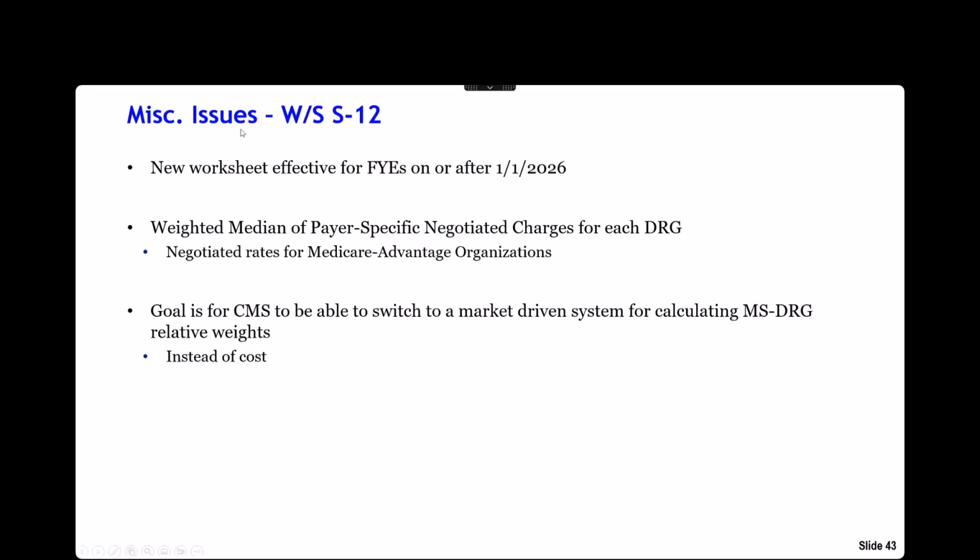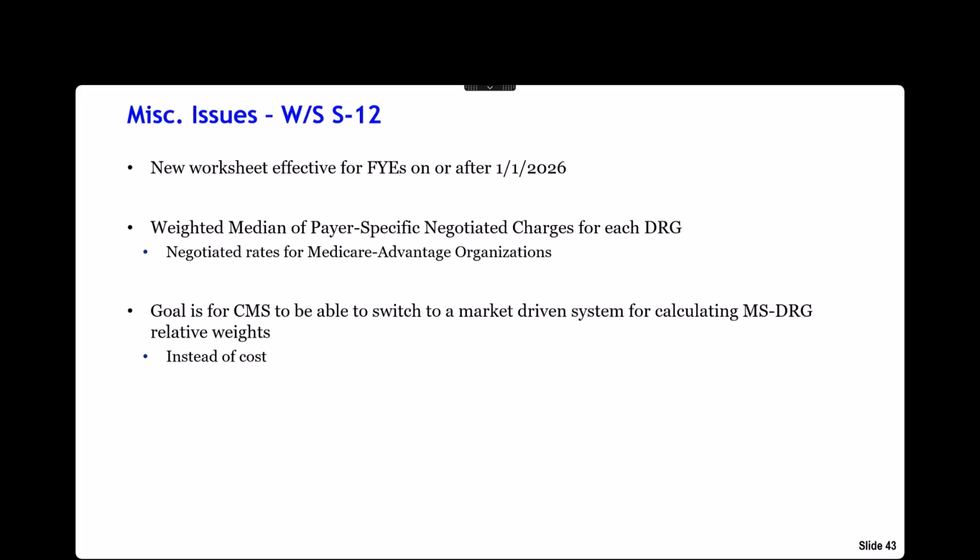What this S12 is all about is the goal is for CMS to take a look. Right now, the MS-DRG relative weights that help to determine how to allocate the payment across the different DRGs are currently based on cost from the cost report. They're trying to get this to more of a market-based approach.